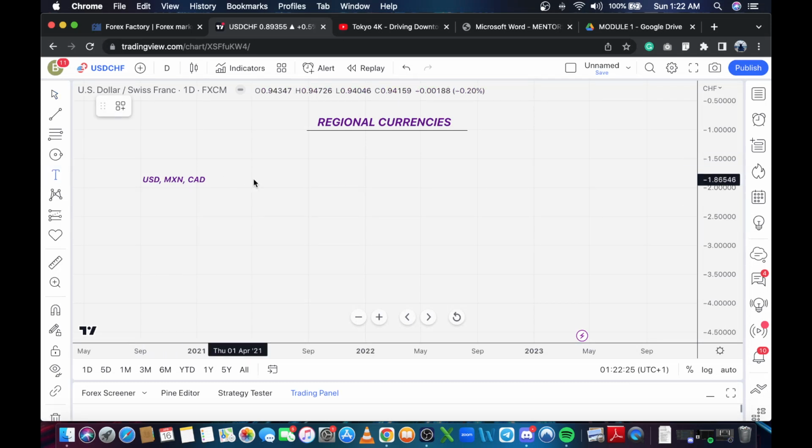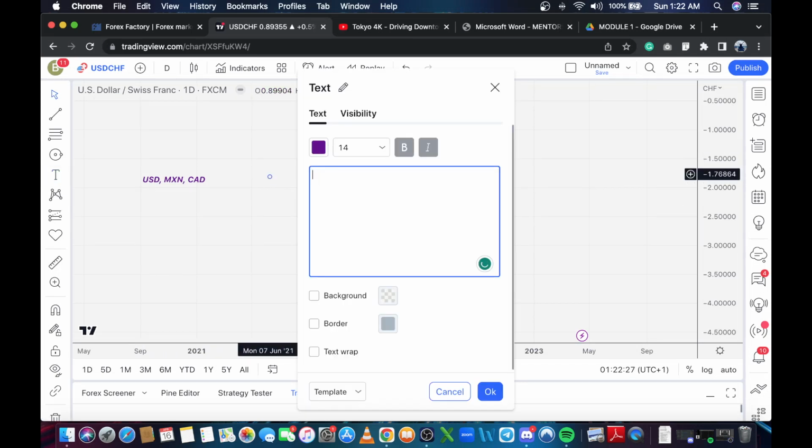So we're going to go to Europe, and the main currencies for Europe are the pound, the euro, which is for France, Italy, Germany, and a bunch of other European countries and nations, and then the Swiss franc.